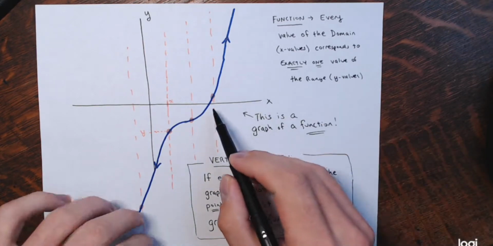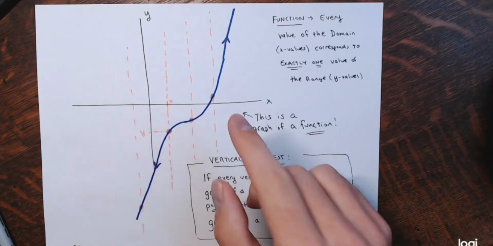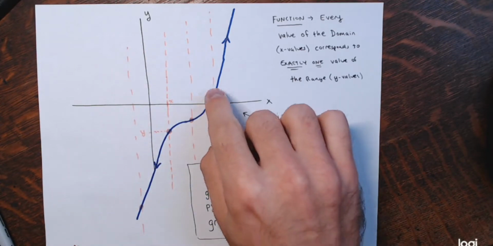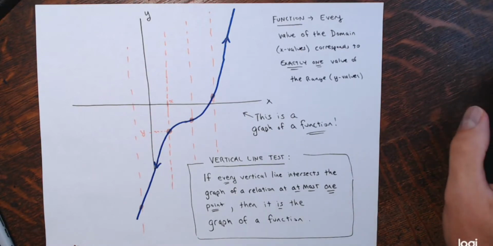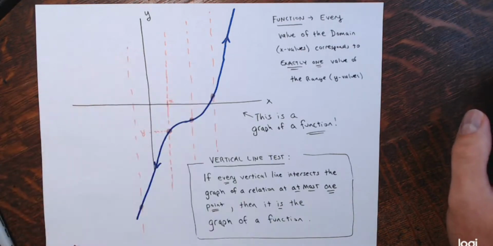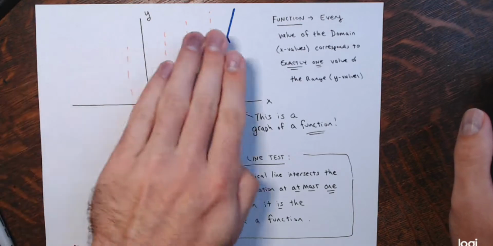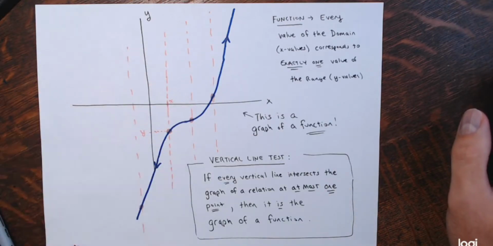Every x value that's actually part of the graph, that's actually used, goes to 1 y value, and not more than 1. And that's it. Now, in order for a graph to be a function, every vertical line has to hit it either 0 times or 1 time.